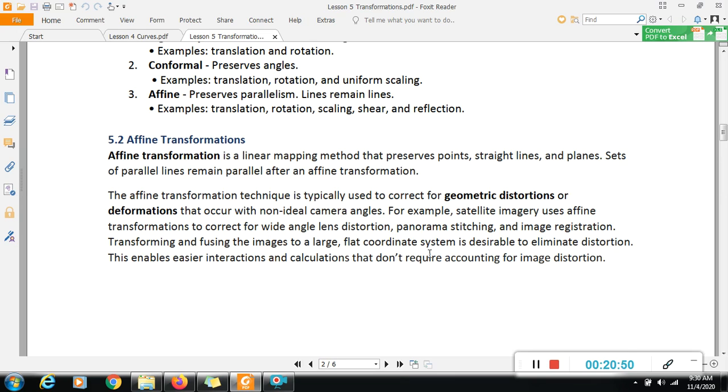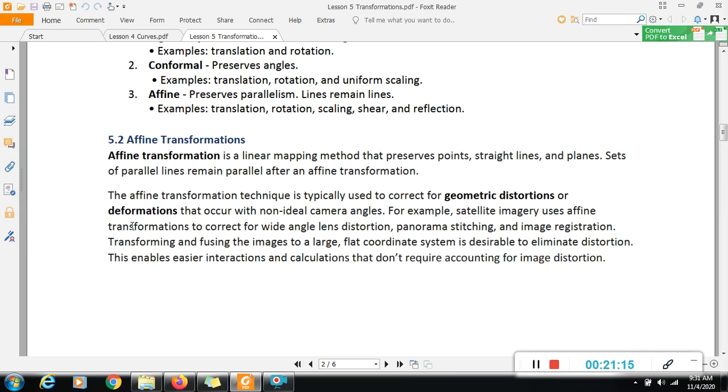For example, satellite imagery uses affine transformation to correct for wide angle lens distortion, panorama stitching, and image registration. Satellites work at a distance in space, sometimes for purposes such as remote sensing in geographical information systems.